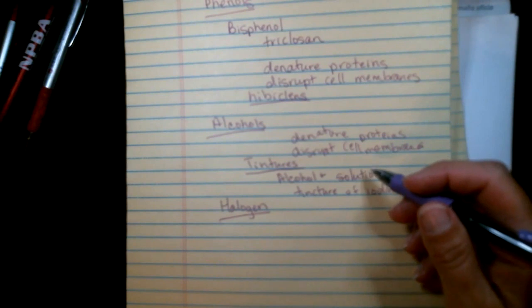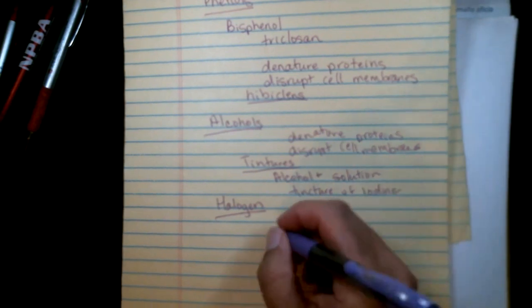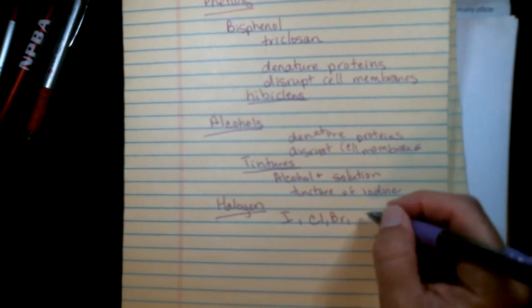They're very reactive non-metals, and they are actual chemical elements. They are iodine, chlorine, bromine, and fluorine. I think I got that one right.